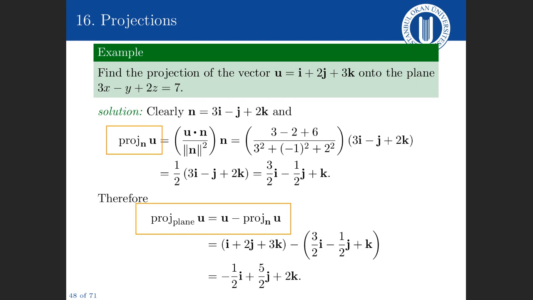Projection of a vector onto a vector, we know how to do this. The answer is 3 over 2 i minus 1 over 2 j plus k. Therefore, the answer must be minus a half i plus 5 over 2 j plus 2k. Again, I'm being deliberately quick here. You can check this later.